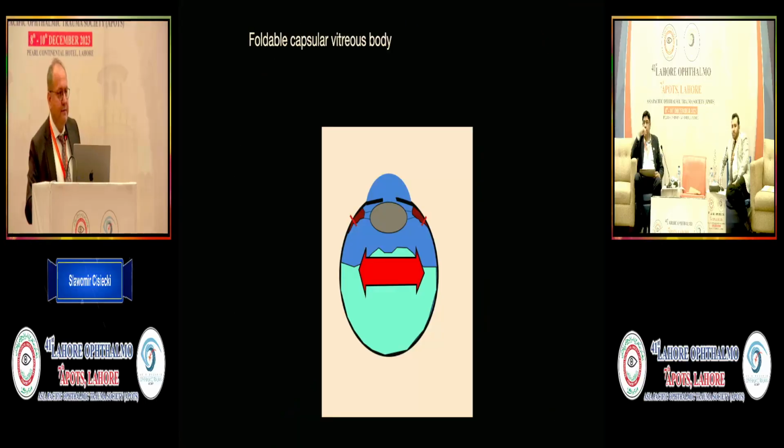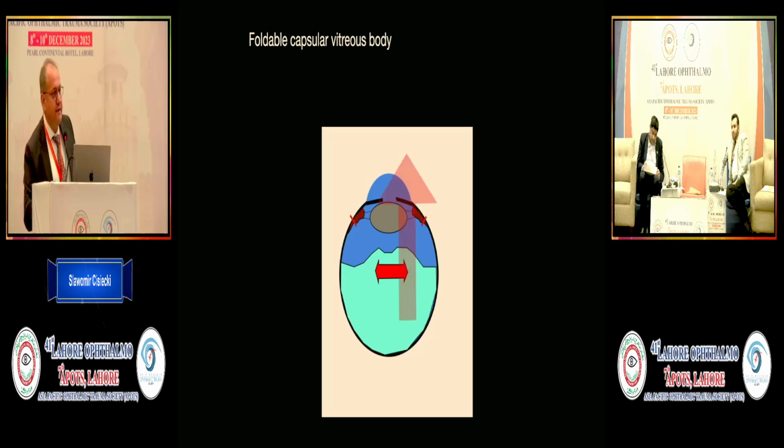And the last thing which we are going to use in kids, you probably know it, but it's an old idea. It's a Chinese product for the phthisis eye with hypotony. This is a foldable capsular vitreous body. When we have shutdown of the ciliary body, the eye shrinks, and the silicone oil comes to the AC, touches the cornea, and the cornea gets hazy.